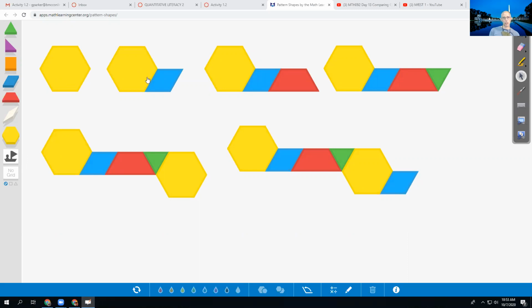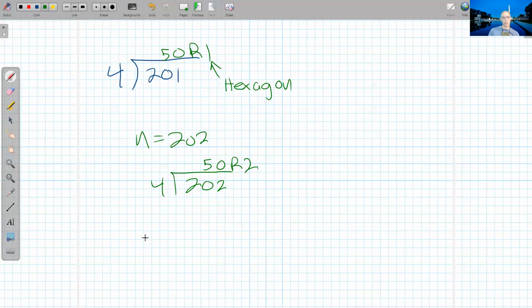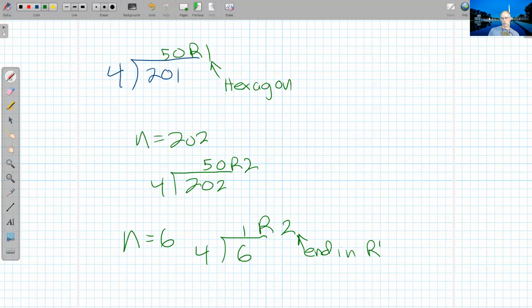So this is the first, second, third, fourth, fifth, sixth figure. If we check that idea, if n equals 6, 4 goes into 6 once, remainder 2, ends in a rhombus. So the 202nd figure should also end in a rhombus.